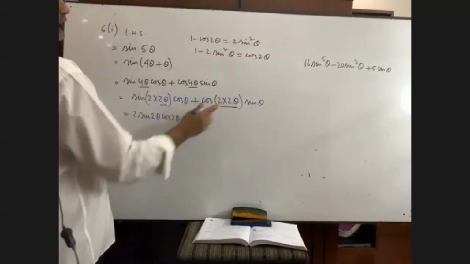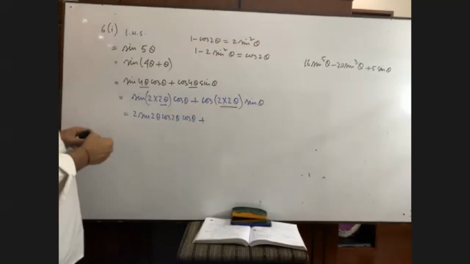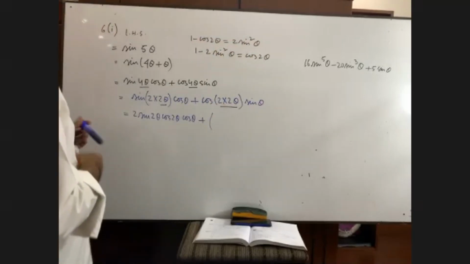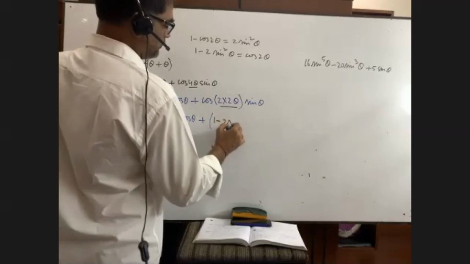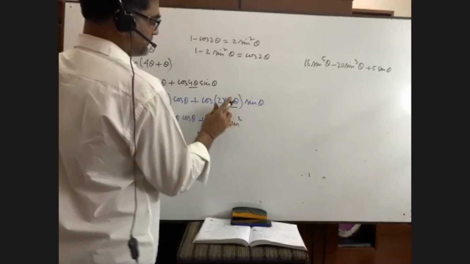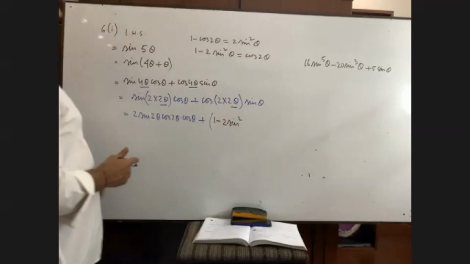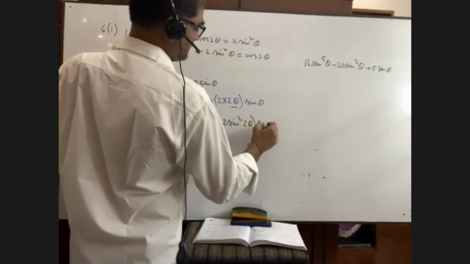So what will be the formula here? 1 minus 2 sine square 2 theta. Yes, you're right. What is theta here? In this case, the theta is 2 theta. So 1 minus 2 sine square 2 theta, into sine theta.